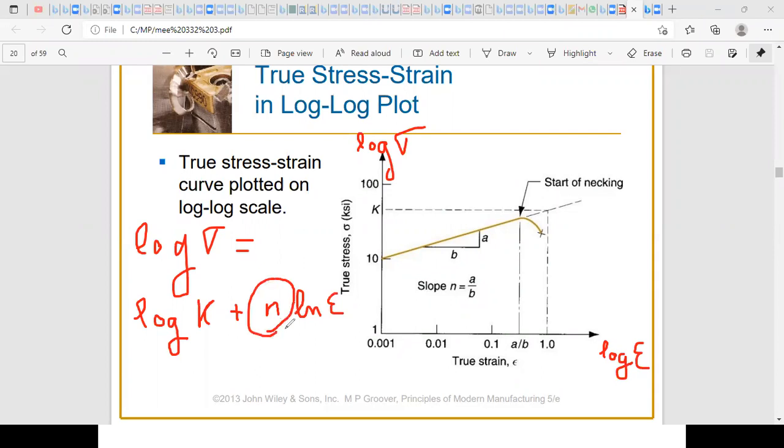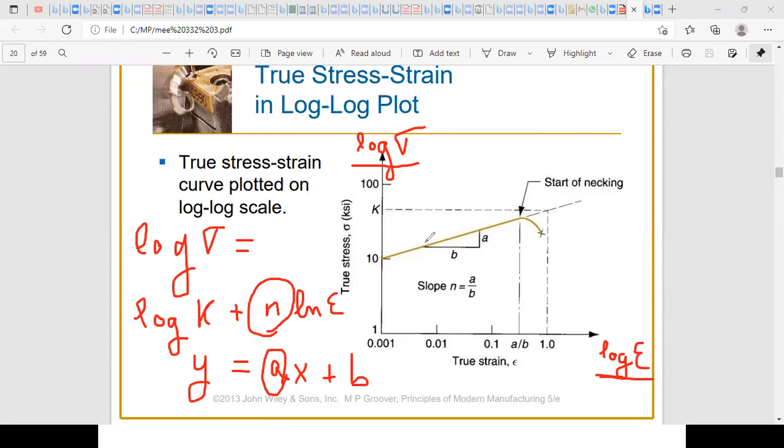So first, if I analyze this equation, I can find that n represents the slope of my graph, because for a straight line the equation is y equals ax plus b, and a represents the slope of variation of y with respect to x. So here n represents the slope of variation of log sigma with respect to log epsilon. All I have to do to get n is go to my graph.